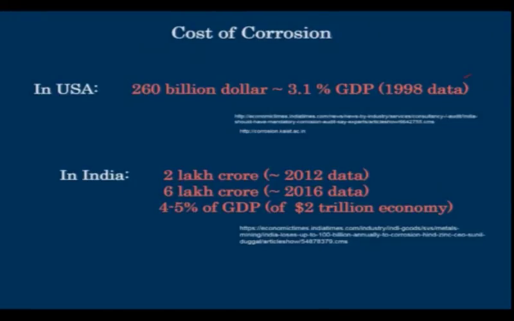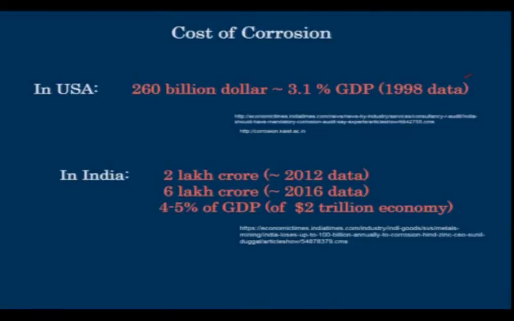Now, in India, I have put two data points. One is the 2012 data, 2 lakh crore rupees, in the form of rupees. Then in the 2016 data, we have 6 lakh crore.